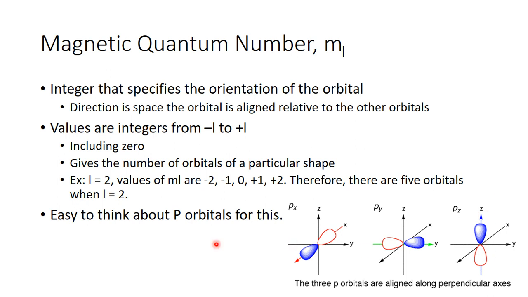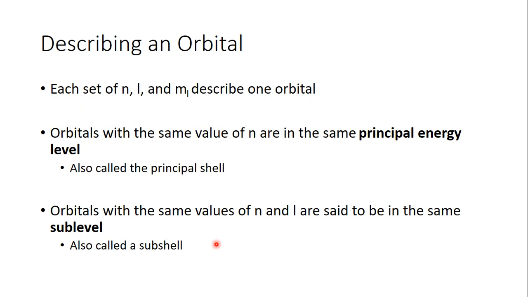That's what we're talking about when we say orientation of the orbital. So if I want to talk about an orbital, I have to have 3 values. I have to know the principal, n, the angular, L, and the directional, m sub L.